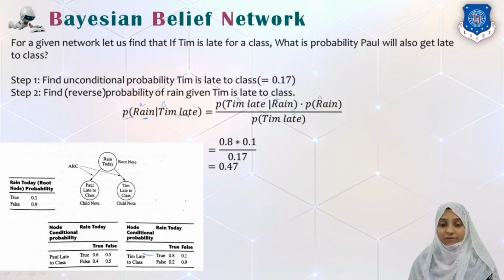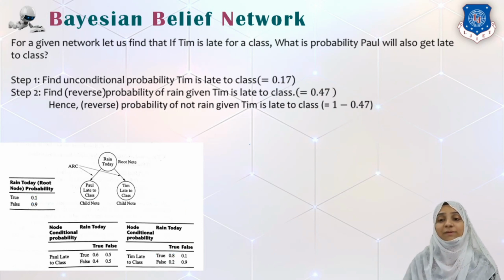As you can see, we have to find Tim is late, which is equal to true, given that rain is there. That is nothing but 0.8, times the probability of rain, which is 0.1, divided by the probability of Tim being late, which we have already found in our previous step. That is nothing but 0.17. Doing the math, we have calculated its value.